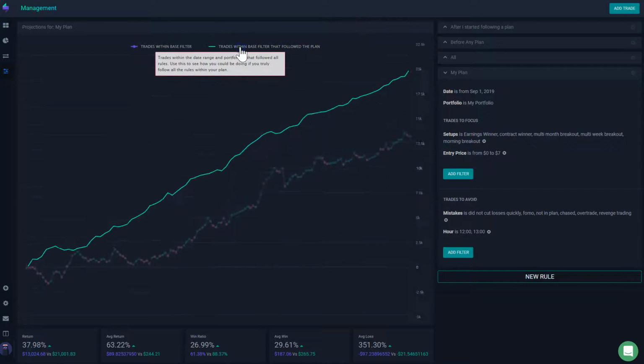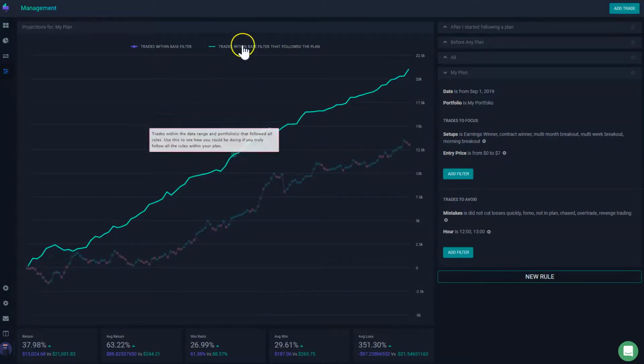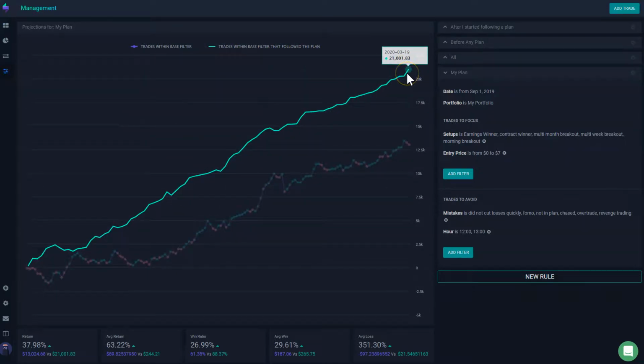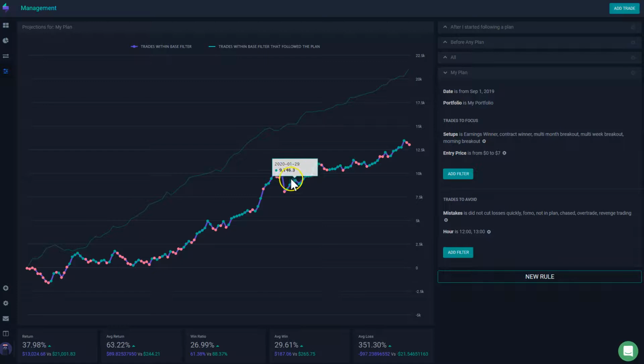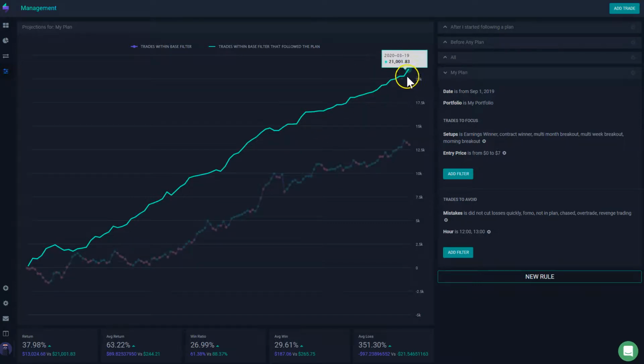Now, if I activate this, what this is going to allow me to do is to see another curve. So what this is doing is showing me what my equity curve could look like if I actually followed my plan. So this is taking all the trades that have followed my plan and ignoring those trades that didn't follow my plan. So it's forming this equity curve.